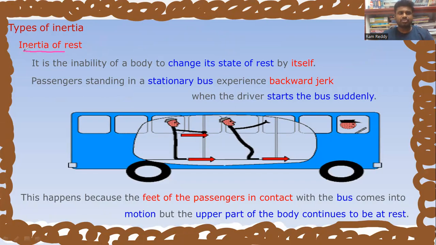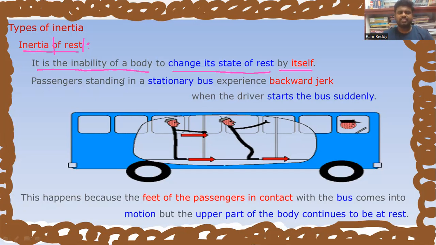That is inertia of rest, meaning the body is at rest. It is the inability of the body to change its state of rest by itself. It won't change by itself. That is our inertia of rest.